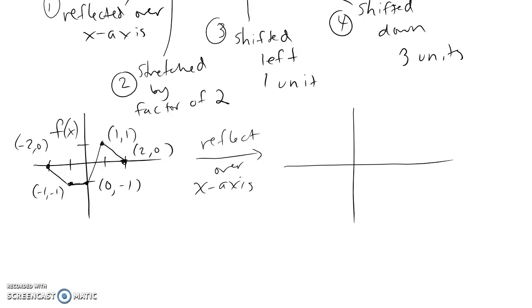what that means is that all of the y-coordinates are going to change signs. They're all going to become their opposites. Now at -2, 0, the opposite of 0 is still 0.